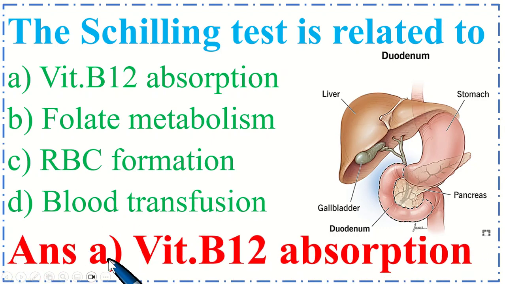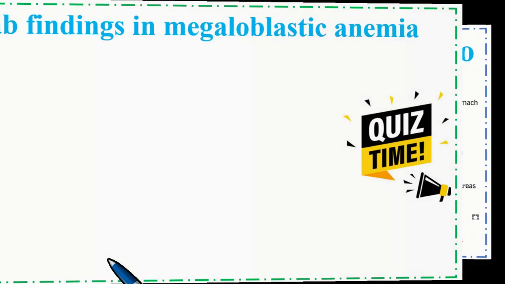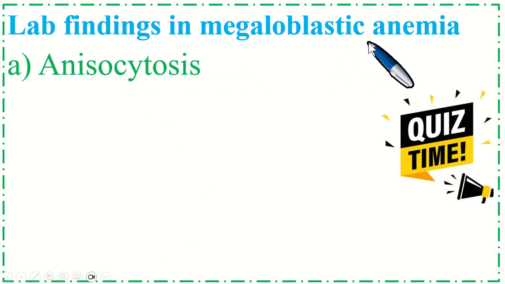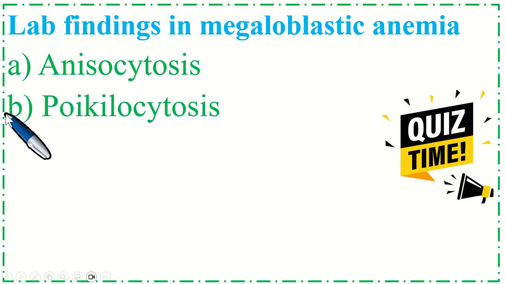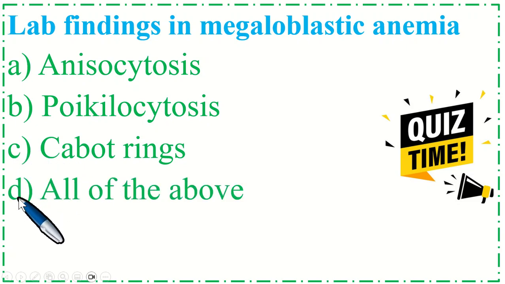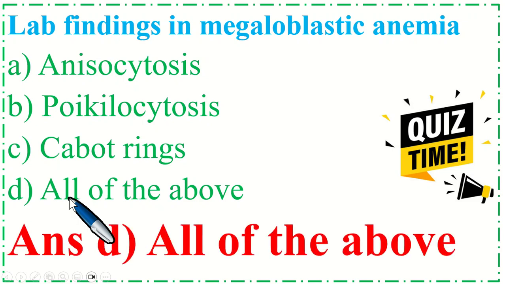So the correct option is A vitamin B12 absorption. Lab findings in megaloblastic anemia: option A anisocytosis, B poikilocytosis, C Cabot rings, option D all of the above. Correct option is D all of the above.